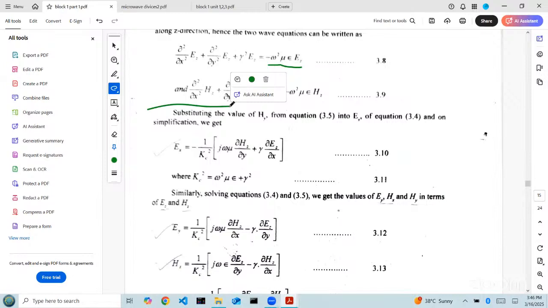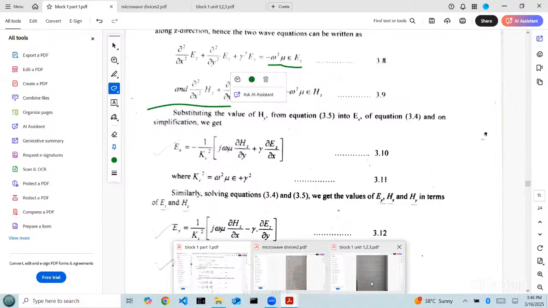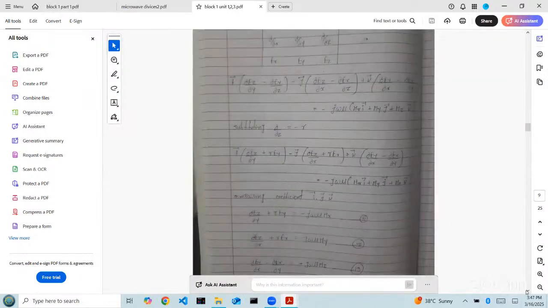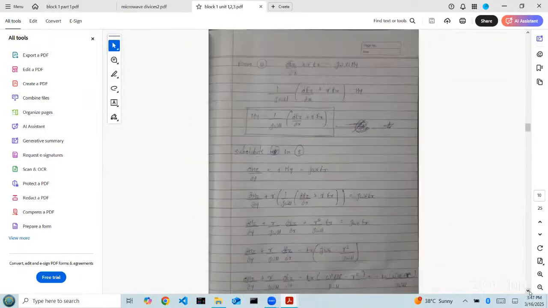Getting my point, what I am saying? I will show the derivation part again, because here everything is given directly. I will show this in the notes part. See here, the second equation of 3.5.